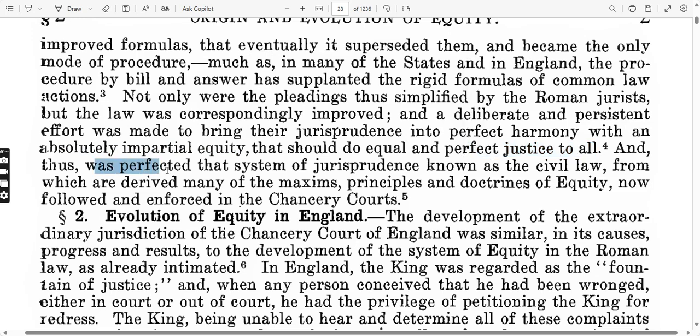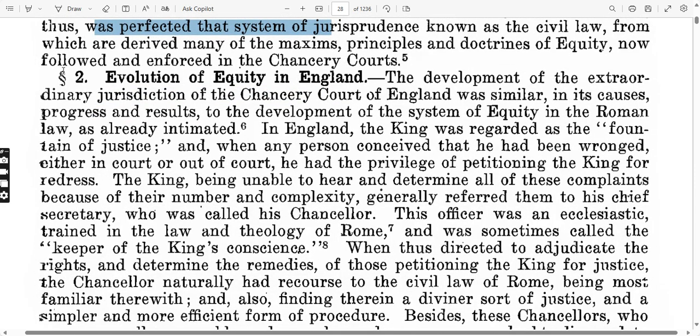And thus was perfected that system of jurisprudence known as the civil law, from which are derived many of the maxims, principles, and doctrines of equity, now followed and enforced in the Chancery courts. 2. Evolution of equity in England.